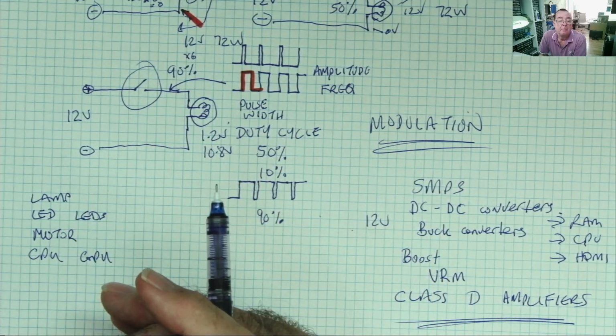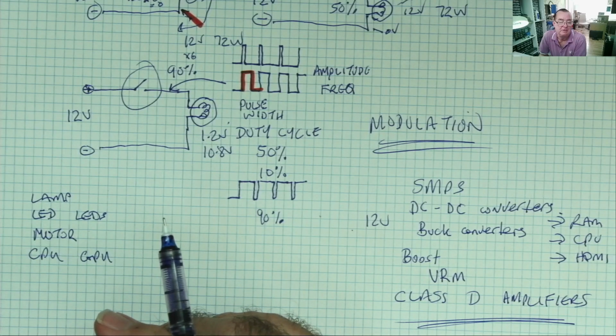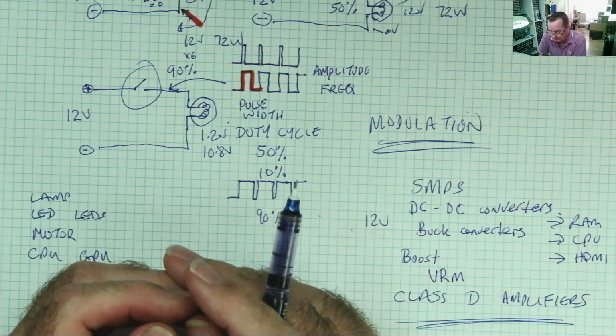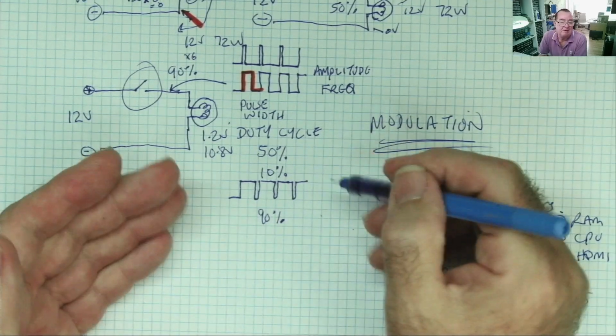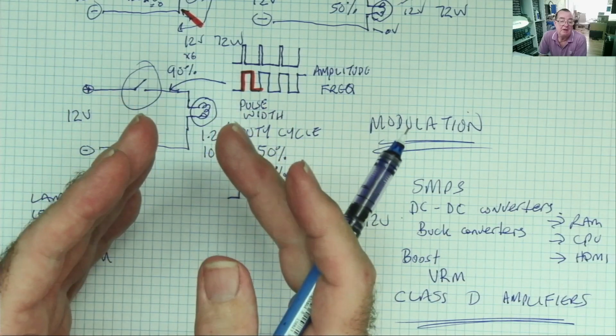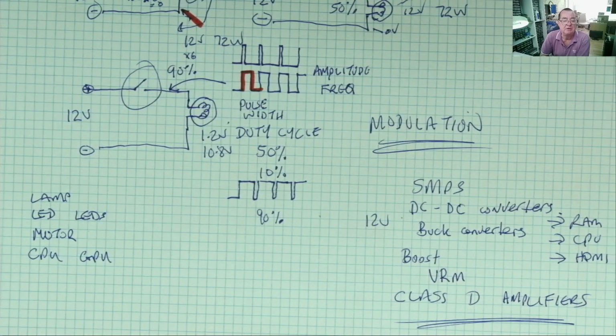Okay. Now this will highlight something important I should have said before. With pulse width modulation, the carrier, the square wave, the thing that's being modulated, will be a much higher frequency than the information you want to carry.